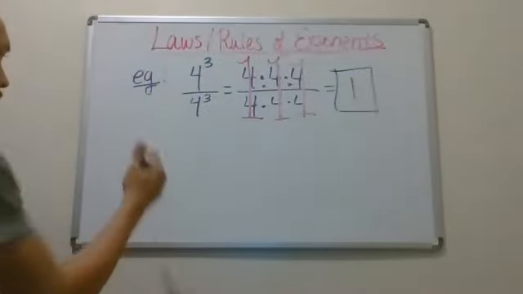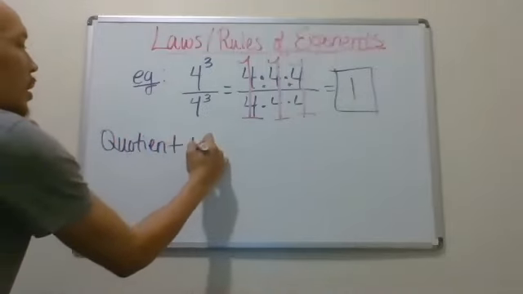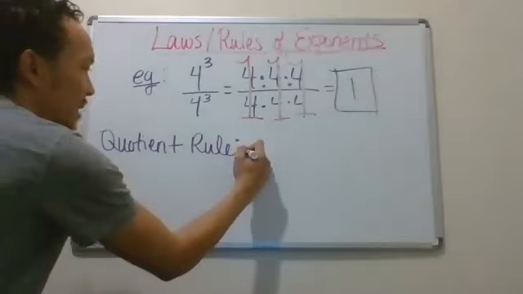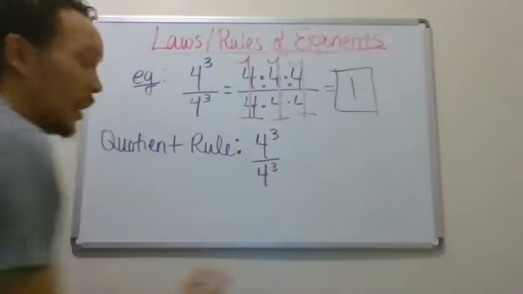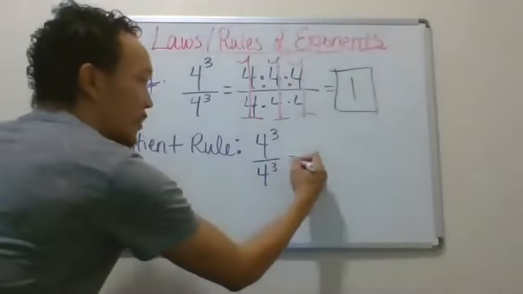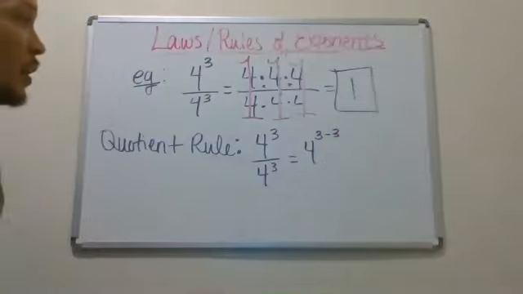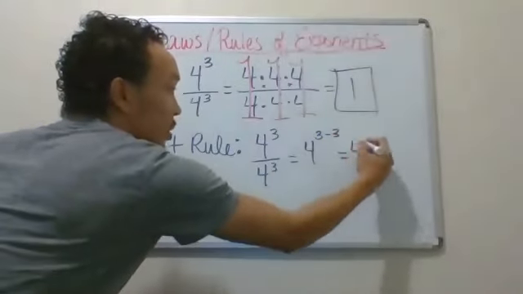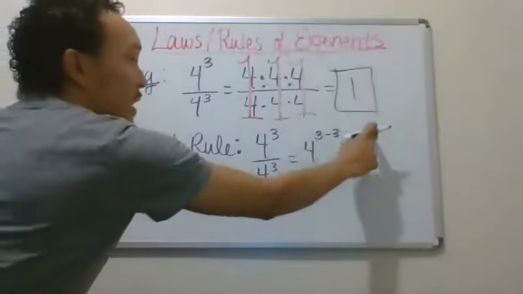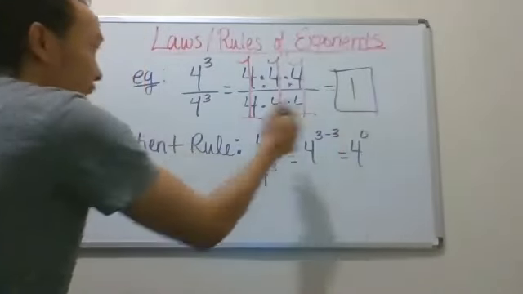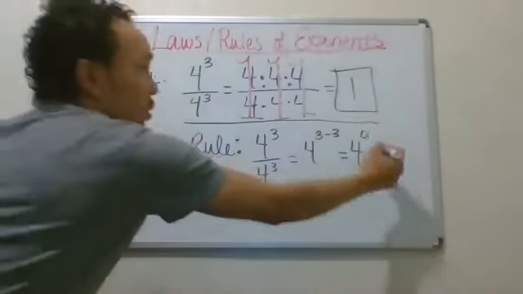So if we look at the quotient rule, that states 4 to the third power divided by 4 to the third power is the same thing as saying 4 to the third minus 3. And 3 minus 3 is equal to 0. So 4 raised to the 0 power, based on our work above, is equal to 1.